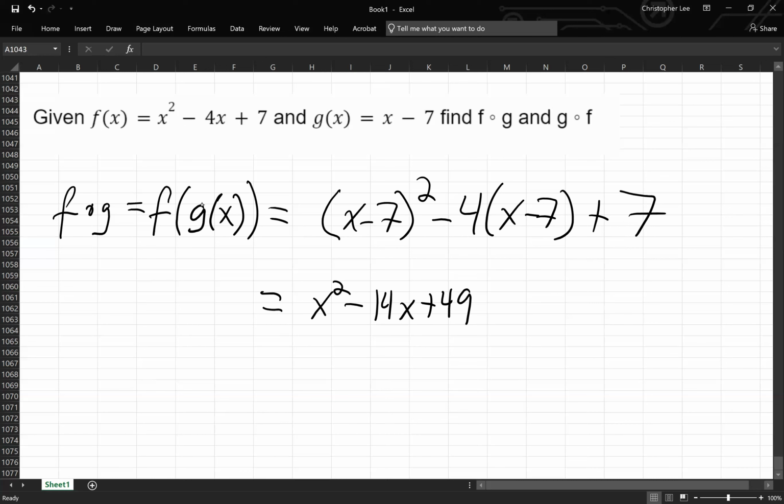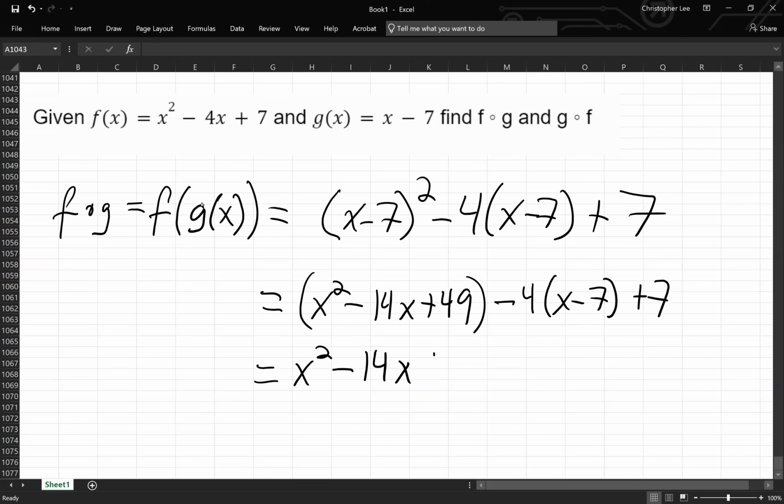Right. Then that parentheses minus 4 times x minus 7 plus 7. Let's distribute, combine like terms. This is x squared minus 14x plus 49 minus 4x plus 28 plus 7.